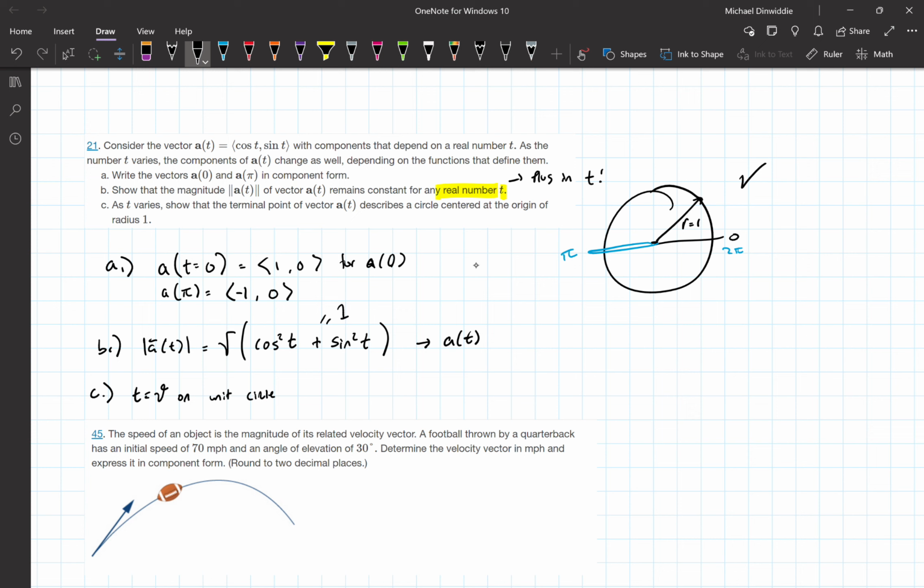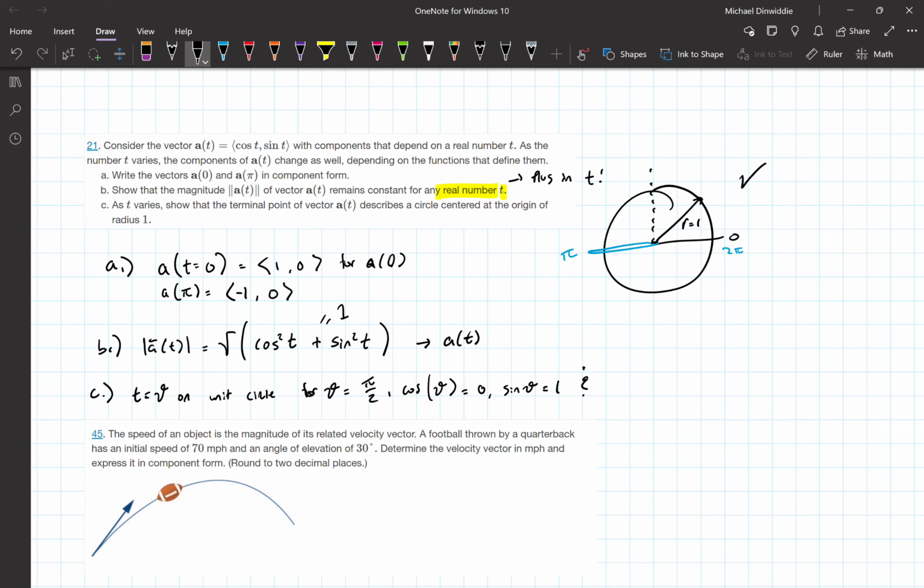So you might say that for theta is equal to, let's say pi over 2, which is this angle here, cosine of theta is equal to 0, and sine of theta is equal to 1.